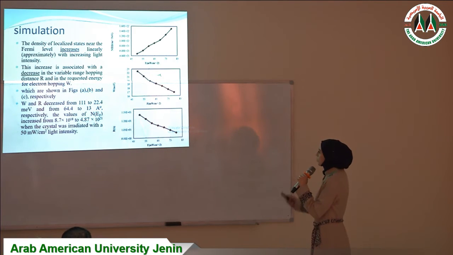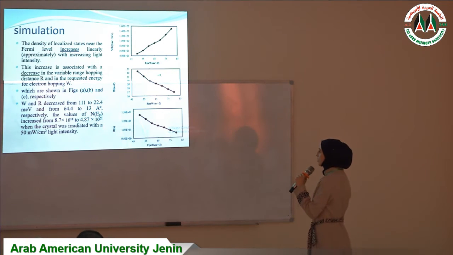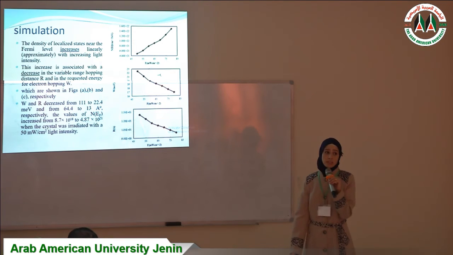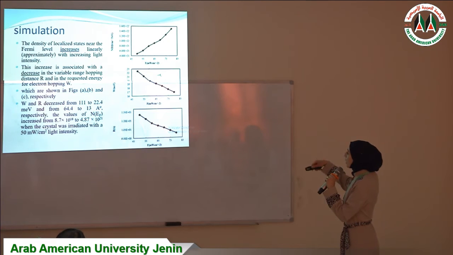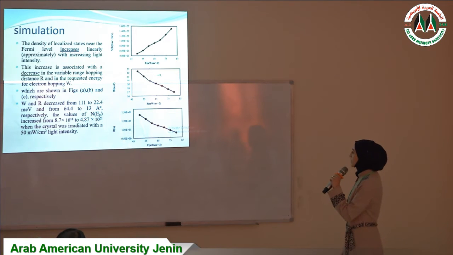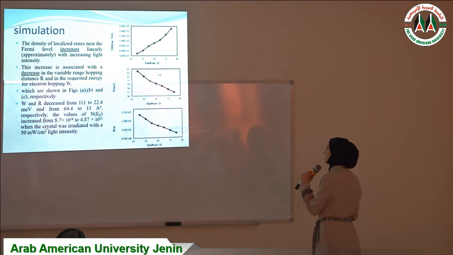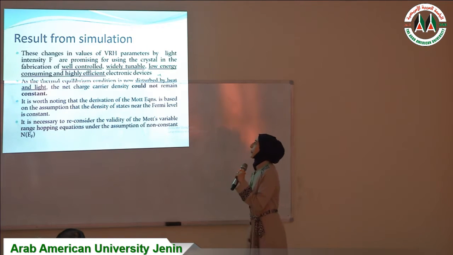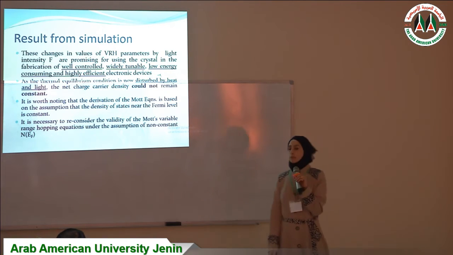Here, other parameters. First one, N(E_F), increases with increasing light intensity, so it is not constant. And from the other sketch, W and R respectively are decreasing with increasing light intensity. Okay, what is the result from our simulation?